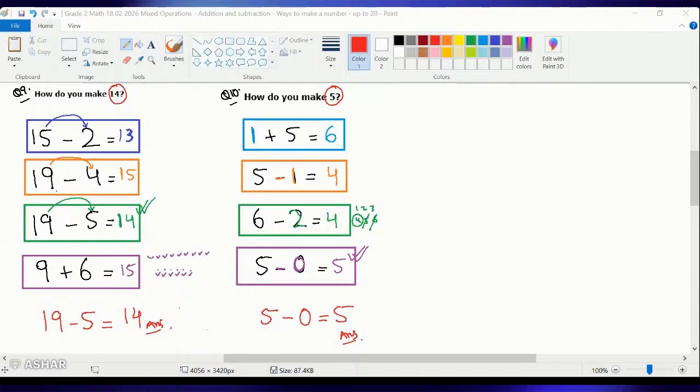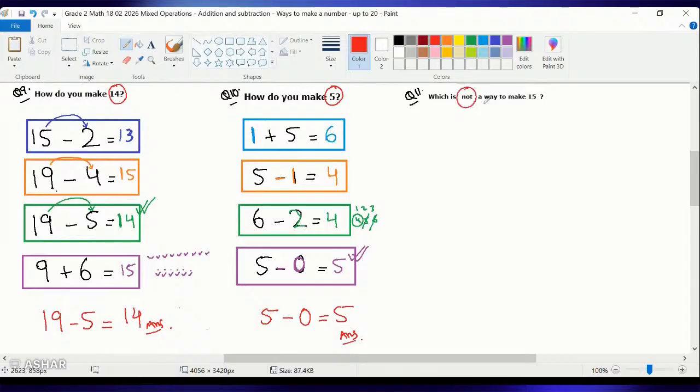For the next question, it says, which is not a way to make a 15? Question number 11.